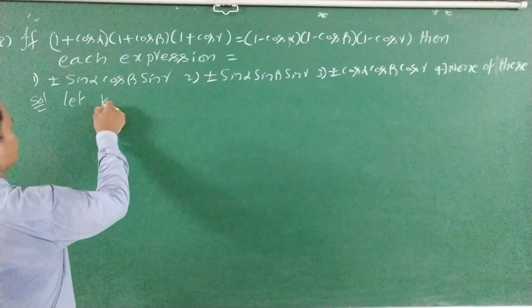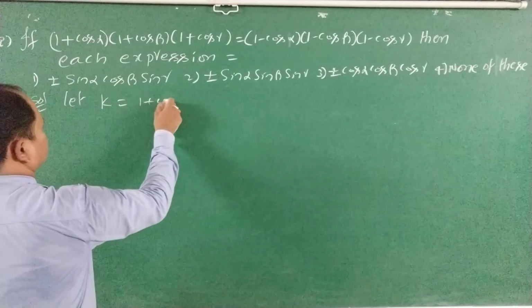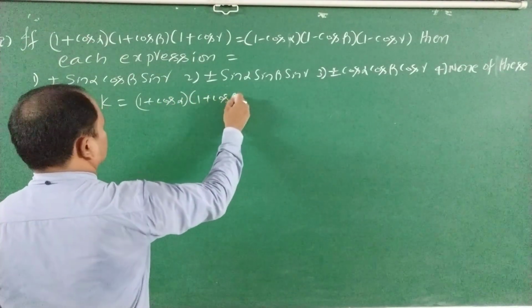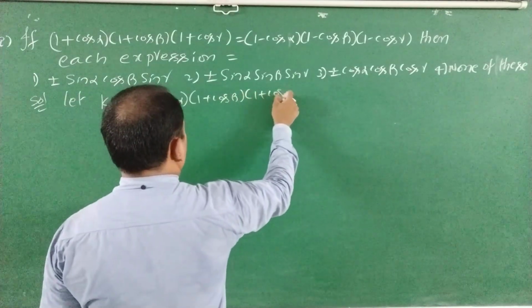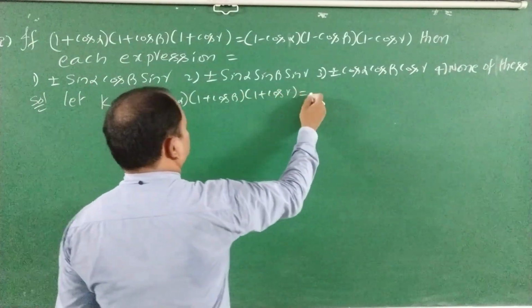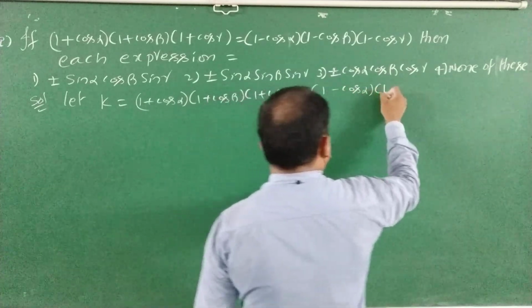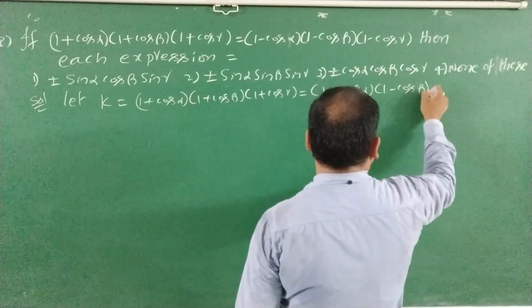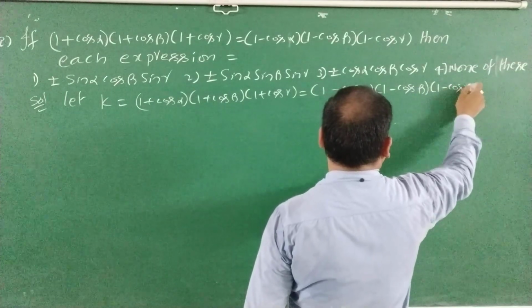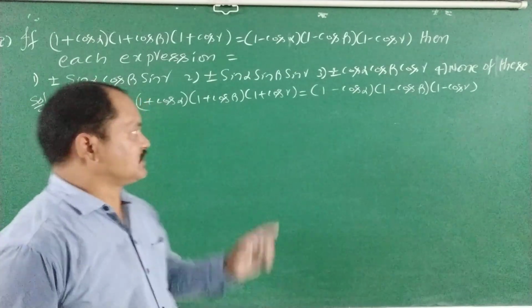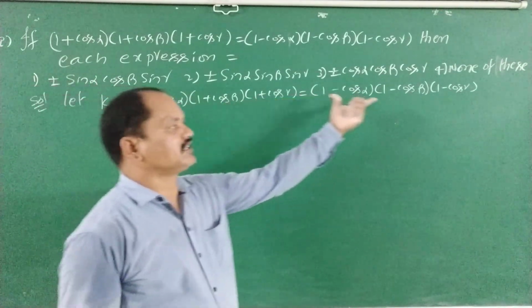So k is equal to 1 plus cos alpha into 1 plus cos beta into 1 plus cos gamma, which is equal to 1 minus cos alpha into 1 minus cos beta into 1 minus cos gamma. That's why this part is k and this part is k.